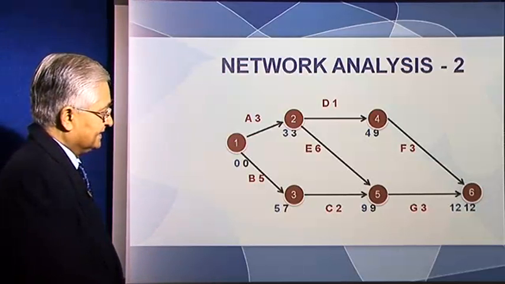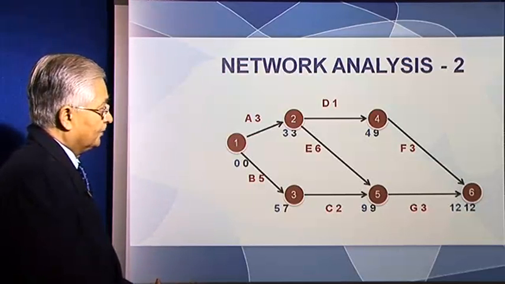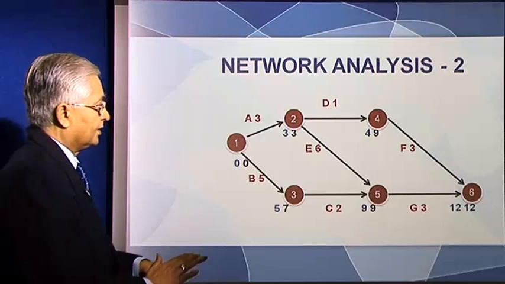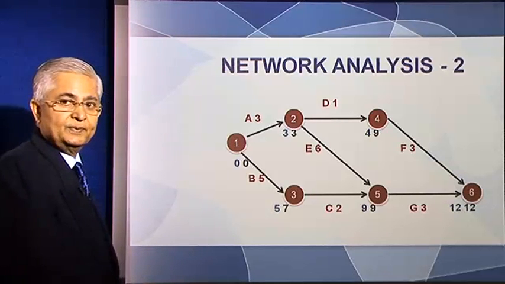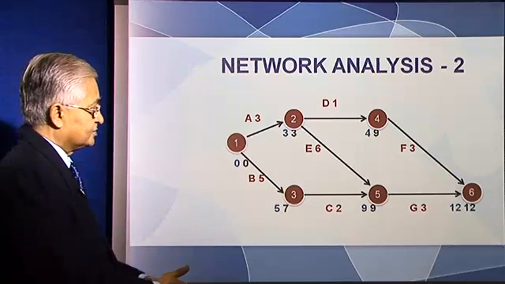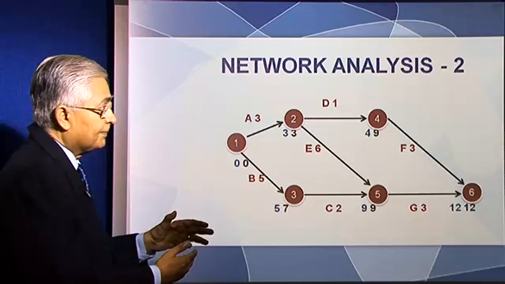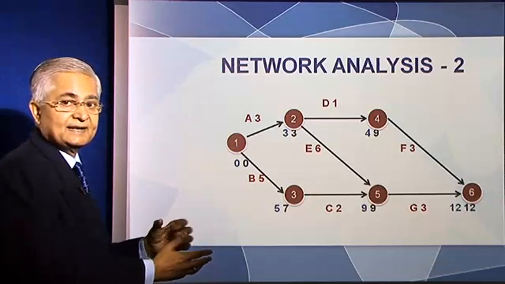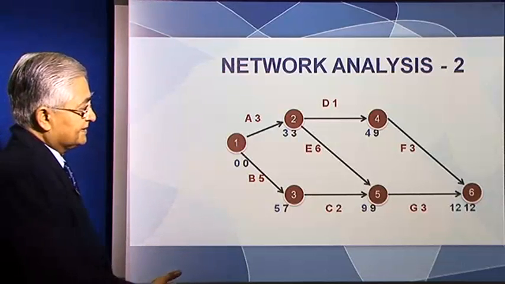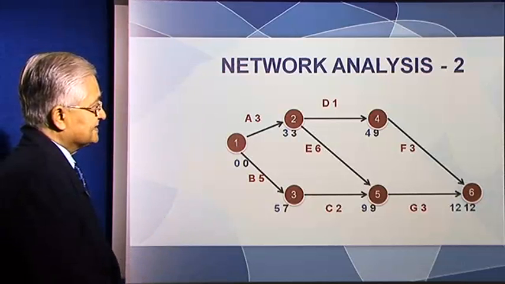You can decide that for 2 months you do not work on C, and you begin work on C only after 2 months. That is the gap that you are permitted by this analysis, right? You are permitted that gap in the case of activity C.